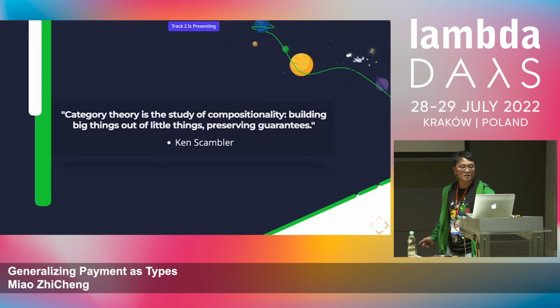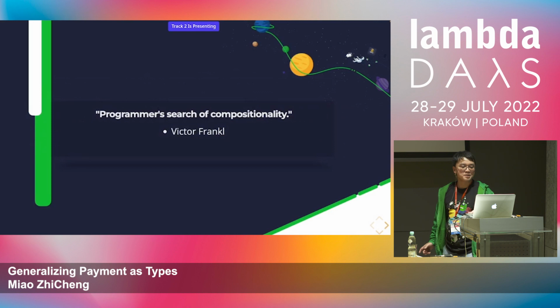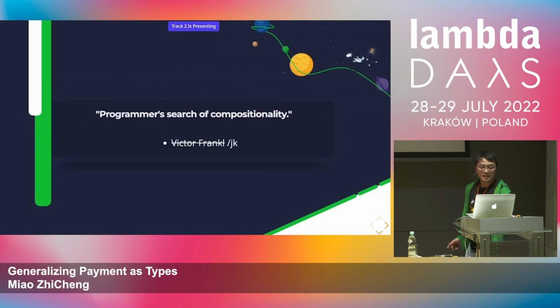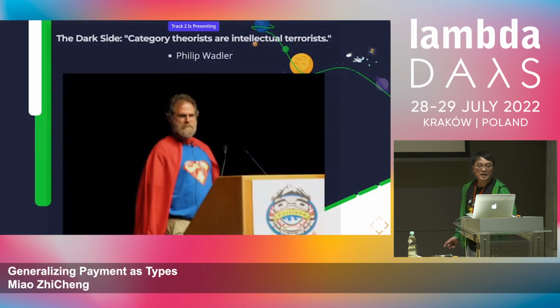I really like this quote also. Program search for compositionality. Well, it's a joke. He didn't say that. And also the dark side, right? So the category theories are intellectual terrorists, actually said by Philip Bordler from his video. So if someone telling you category theory and try to scare you, call them intellectual terrorists.